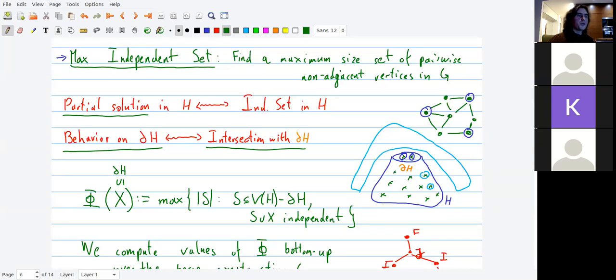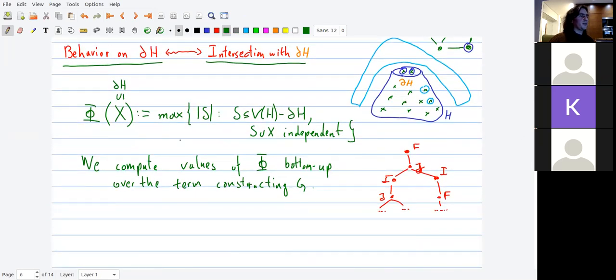So now I can define the function in the dynamic programming that we will be doing. Whenever I've got my subgraph H, I define this function phi H. This is the dynamic programming function.